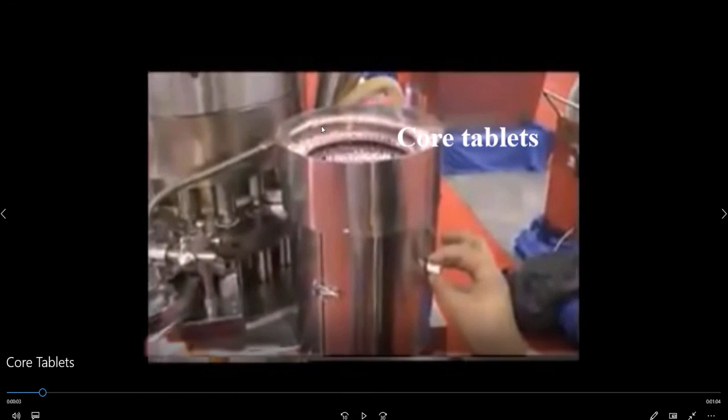Remember this machine, these are the core tablets here, already prepared. Now they will get to a circulating or rotating plate containing cavities. Each cavity will take one of the core tablets. These core tablets will be located exactly at the center of a die cavity.